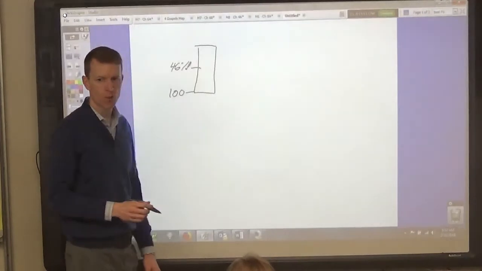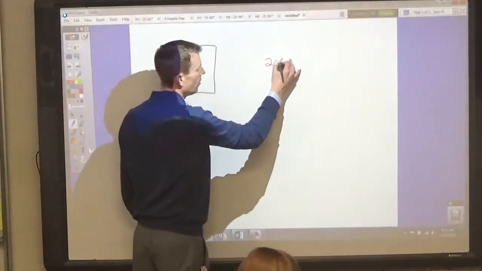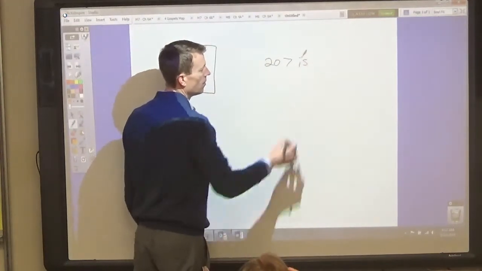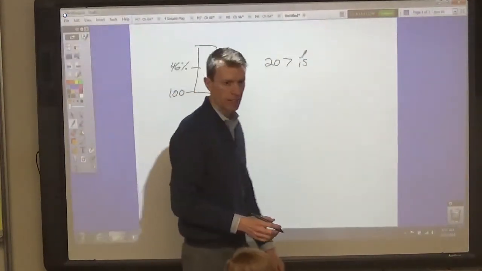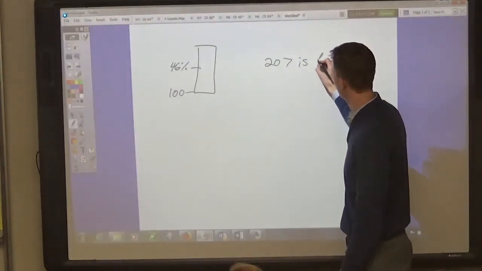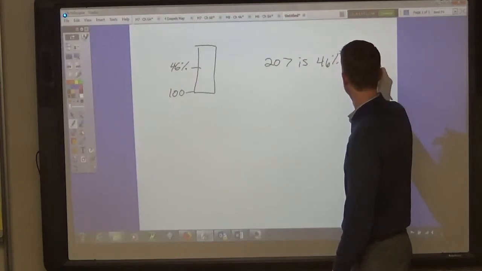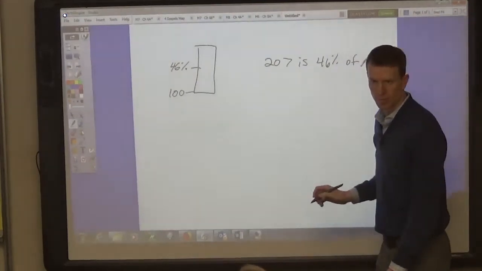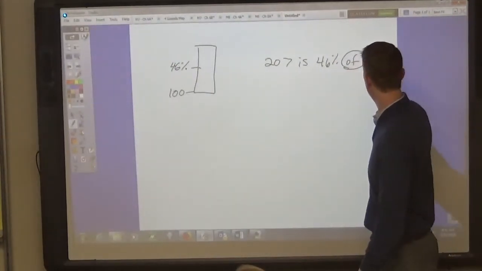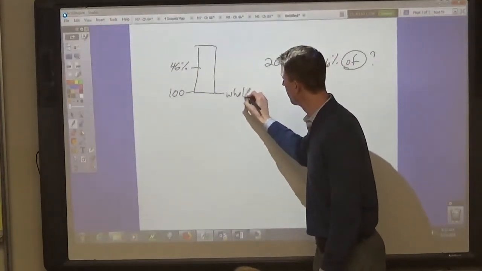207 is 46% of what number? So 207, is that the part or the whole? Since it says of what number, that means that we're looking for the whole, right?